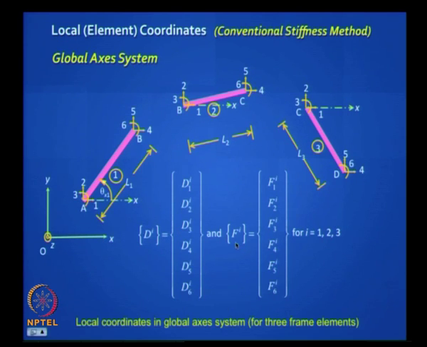They are still element because the i comes here, i refers to the ith element. So this is for i equal to 1, 2, 3. The big difference between this and the previous element displacement and force vectors is how in designation do I make the difference? That star is missing, okay, the asterisk is missing. Have you understood?